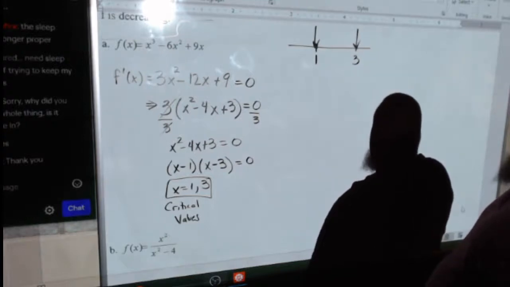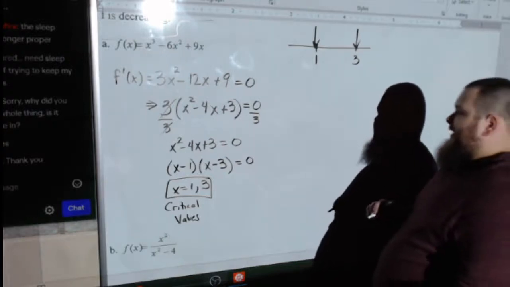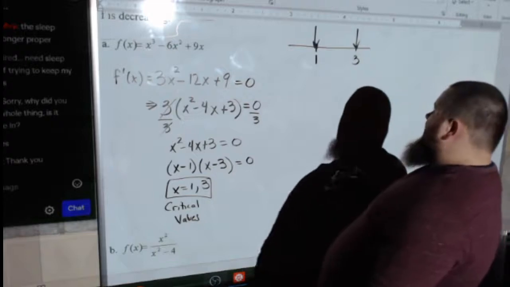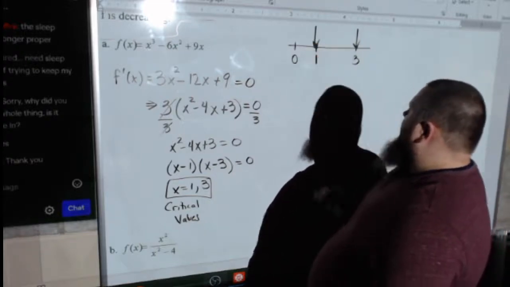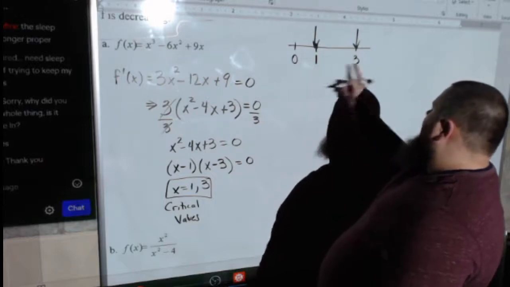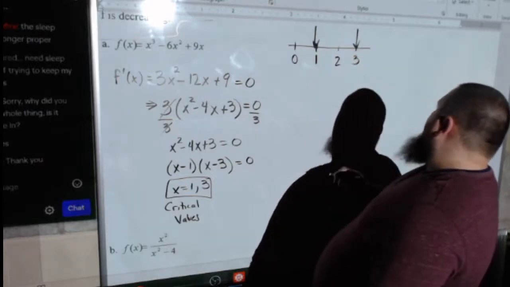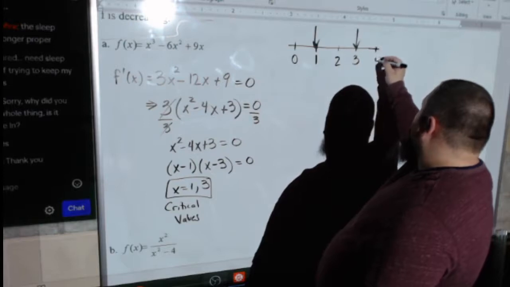So, I need to pick test points. Pick the easiest ones possible. A number smaller than 1 is 0. A number between 1 and 3 is 2. And a number bigger than 3 is 4.